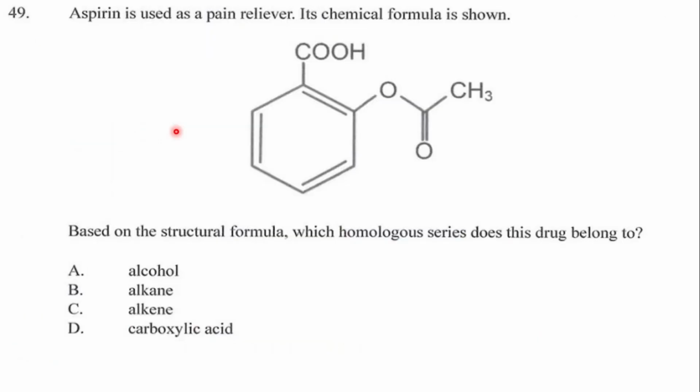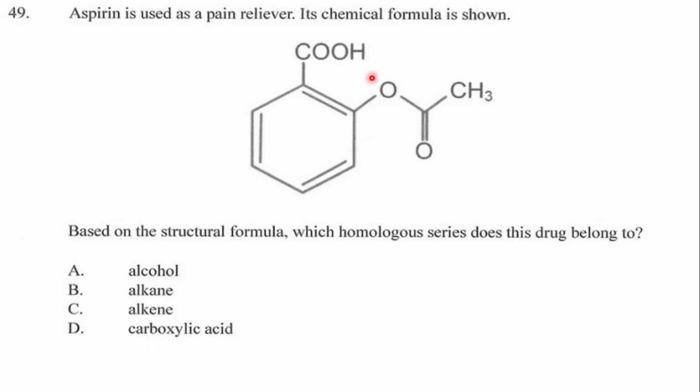Let's move on to question number 49, and they said aspirin is used as a pain reliever. Its chemical formula is shown here. Based on the structural formula, which homologous series does this drug belong to? Is it alcohol, alkene, alkane, or carboxylic acid?